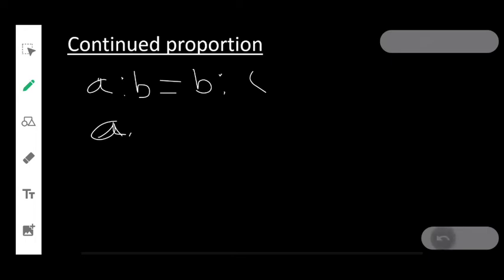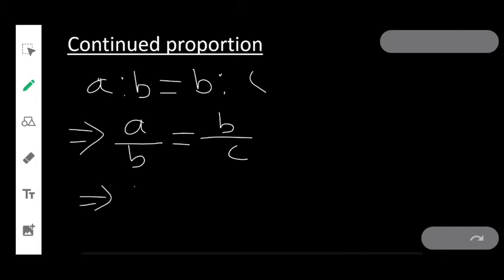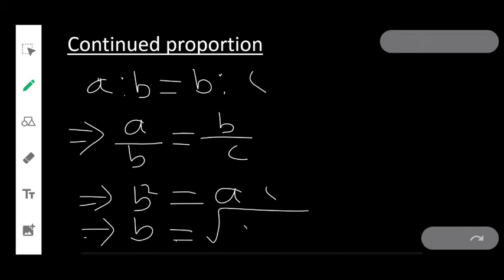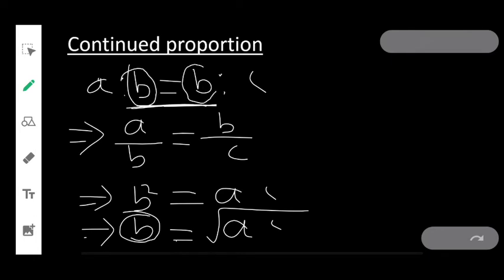Now this proportion can be written as A by B equals B by C. So B square equals AC and B equals root over AC. And B is the mean proportion. Here B is the second term and here B is the third term.